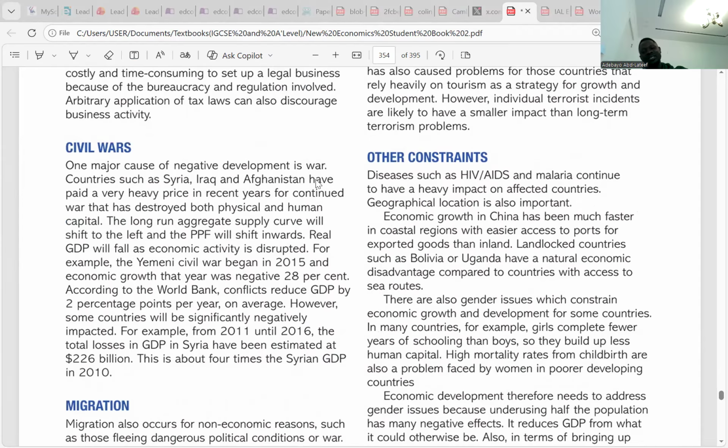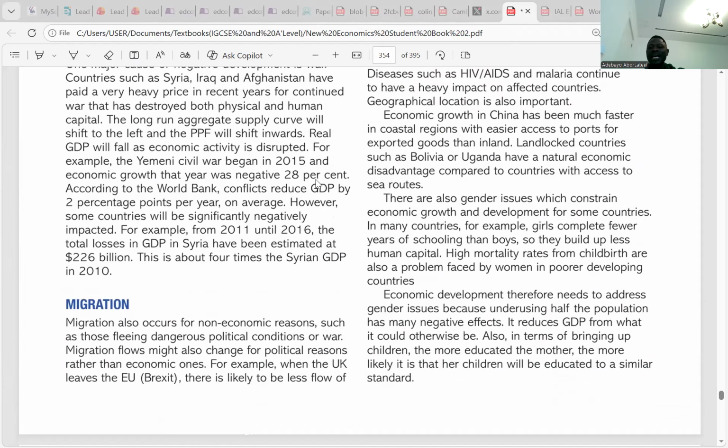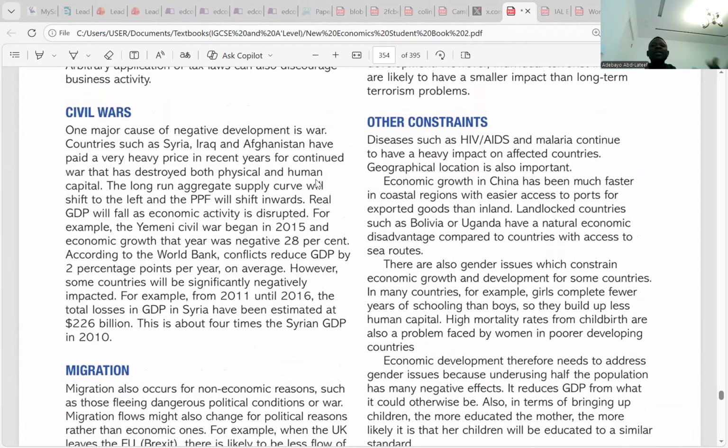Then other constraints. I think that's the last note. Diseases such as HIV/AIDS and malaria continue to have a heavy impact on affected countries. Geographical location is also important. Economic growth in China has been much faster in coastal regions, which have easier access to ports for exported goods, than inland.